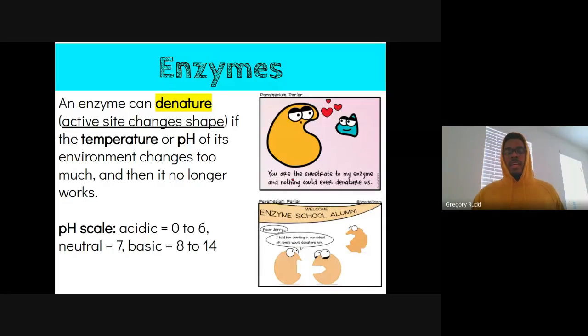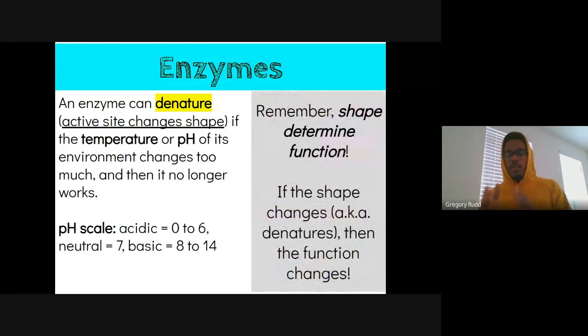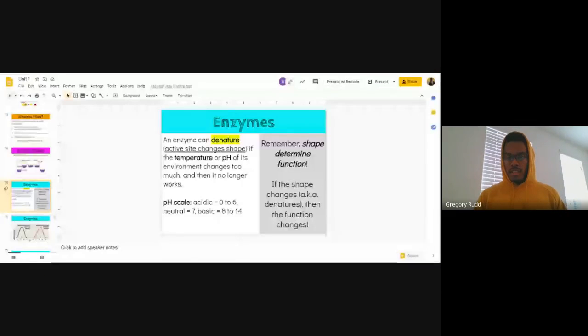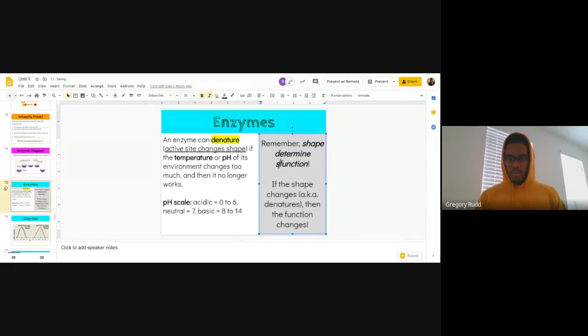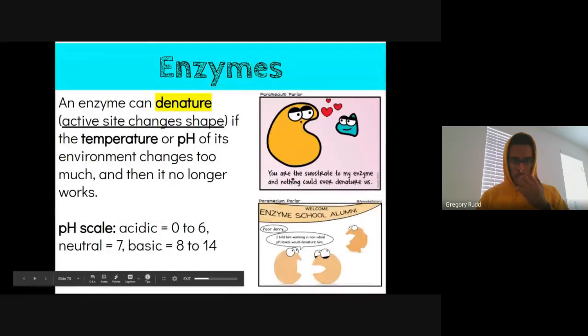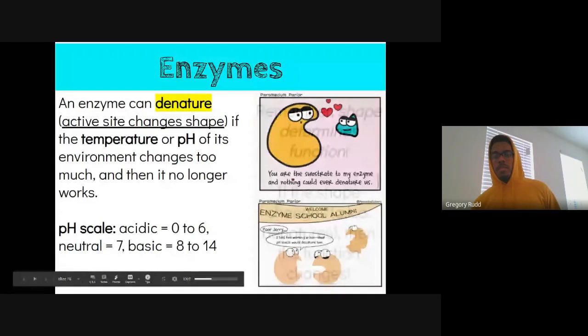But enzymes, if they change shape, then their function changes. Okay, so shape determines function. I left off an S there. Let me correct that. All right, so shape determines function.